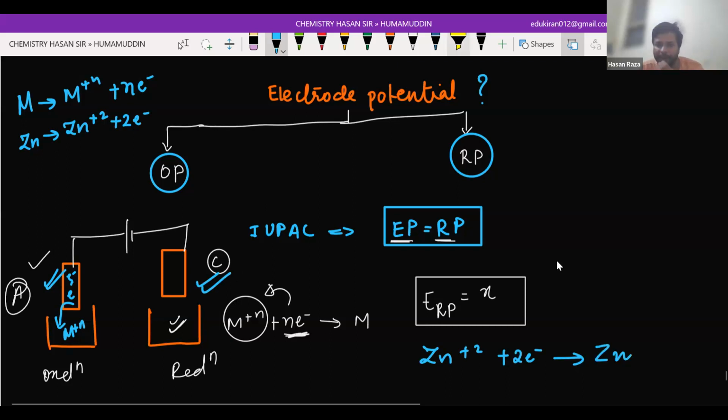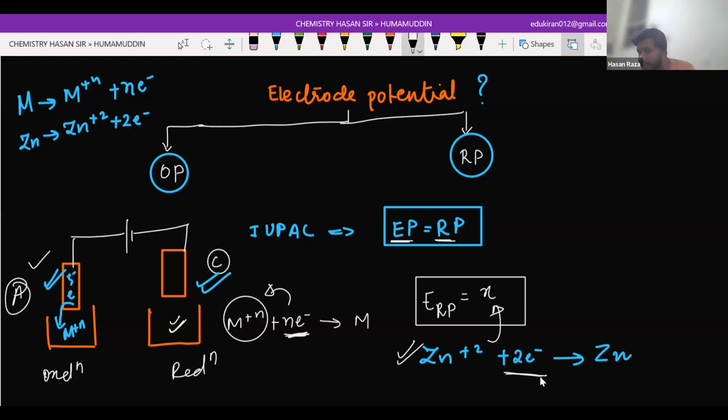Yes, sir. Now, what I want to say is that look at this. If it gains 2 electrons, it has reduction potential x. In the same way, if you are going at the anode, it loses 2 electrons, just opposite.